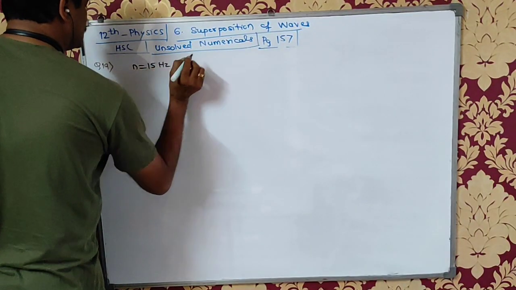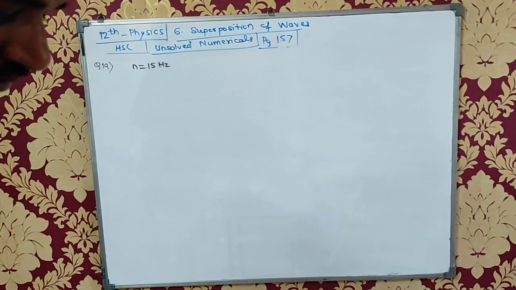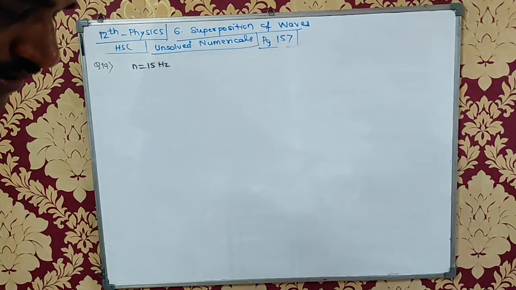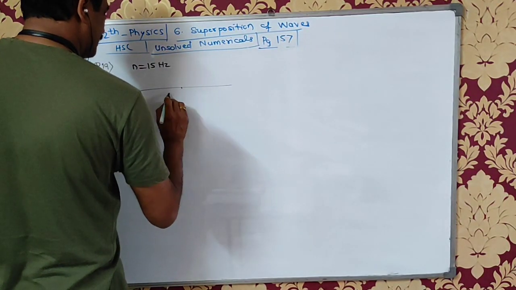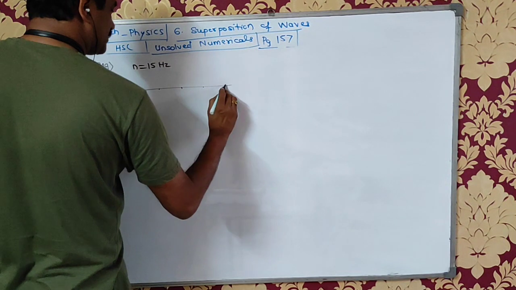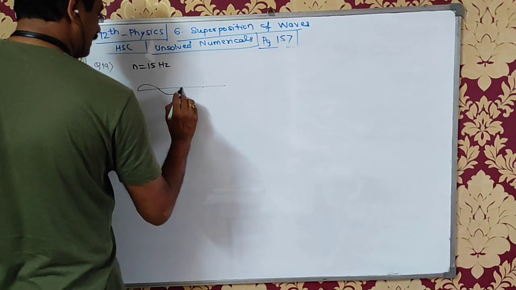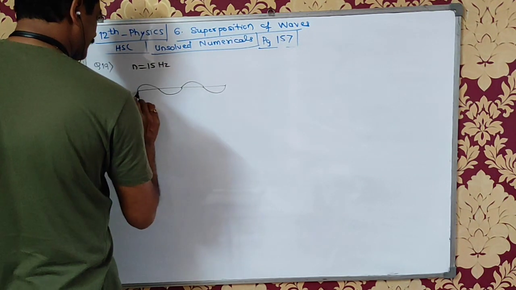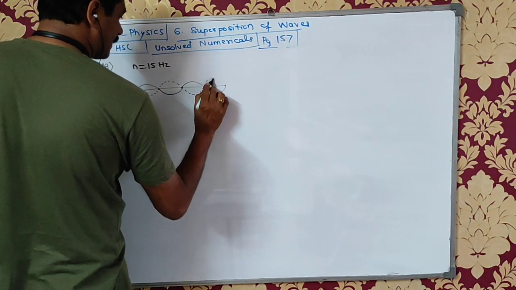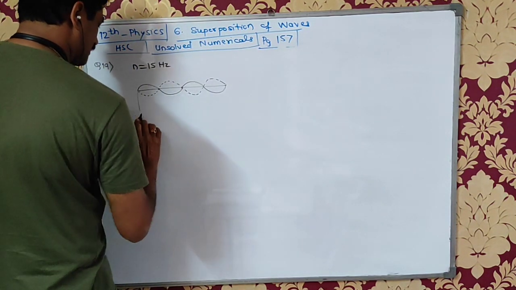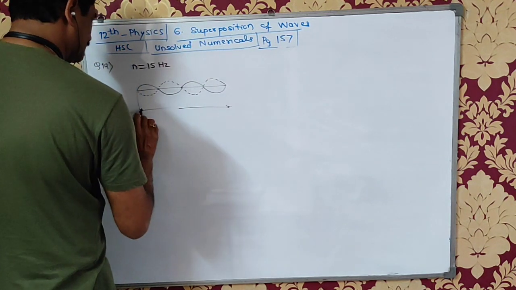Due to this, a stationary wave with 4 complete loops gets produced on the string. 4 complete loops. ये पूरा string है, इसके अंदर 4 loops तैयार हो चुके हैं. Total length is 1 meter.